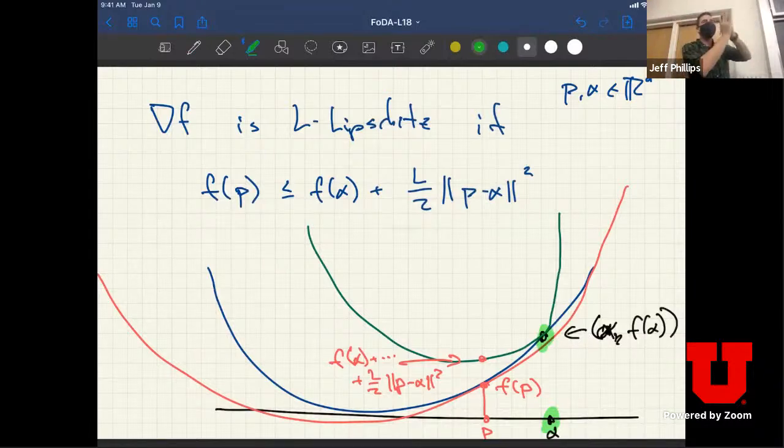They're both polynomial functions of degree 2, and the coefficient in front of the degree 2 part corresponds to the L-Lipschitz for the part that's above it, and the eta strongly convex for the part that's below it.